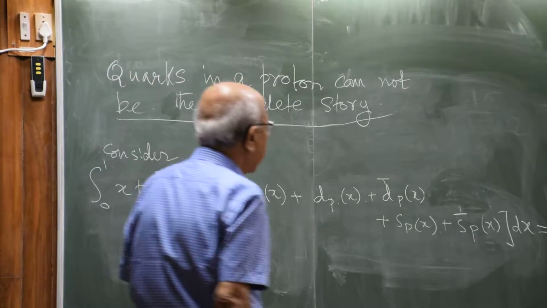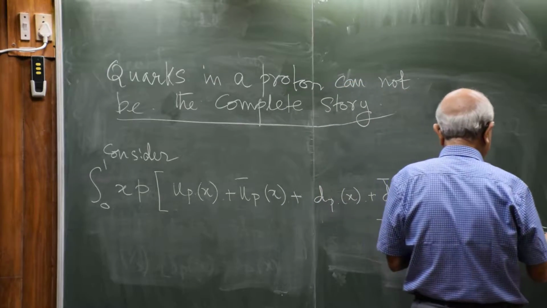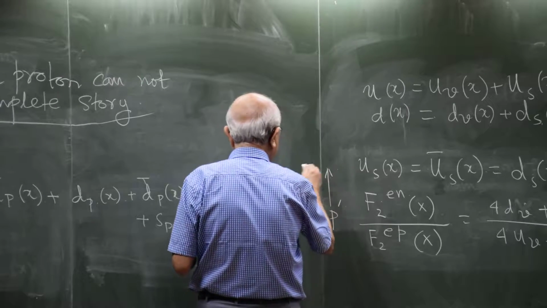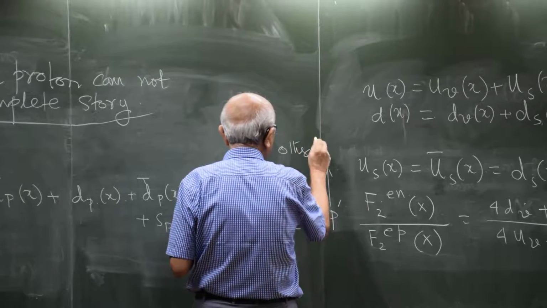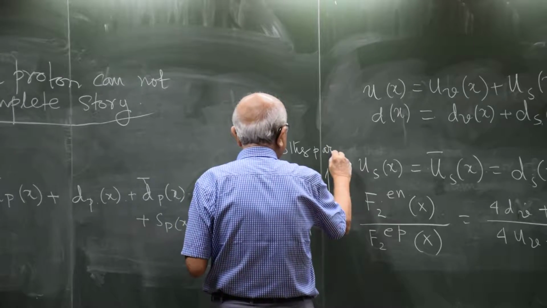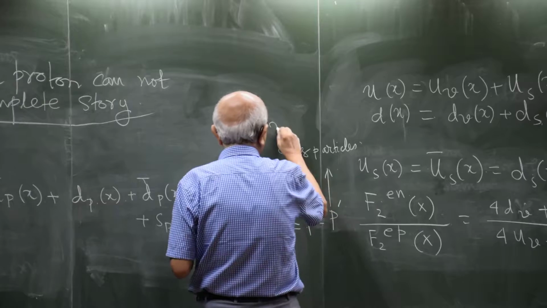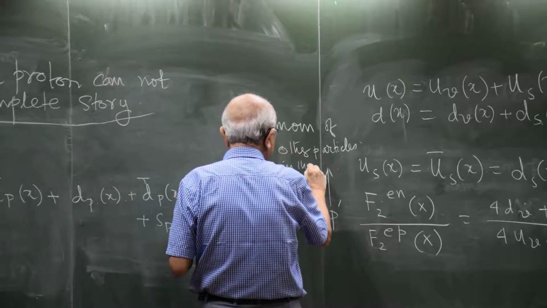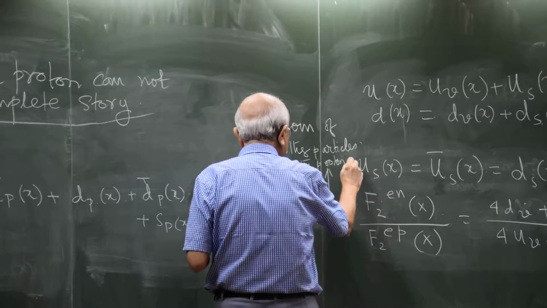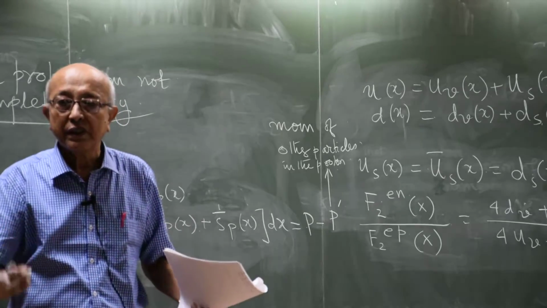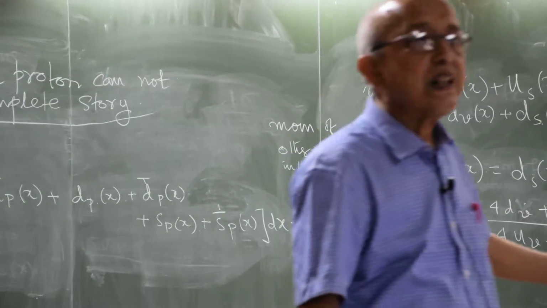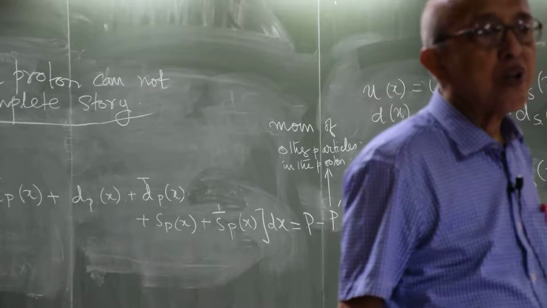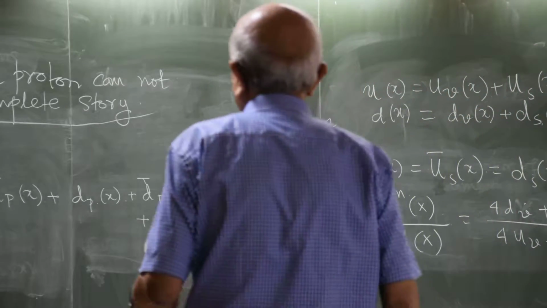If not, then it will be something like P minus P prime, which represents the momentum of other particles in the proton. Very reasonable. If I can experimentally determine these two numbers, then I can determine whether P prime is 0 or not. Very reasonable.